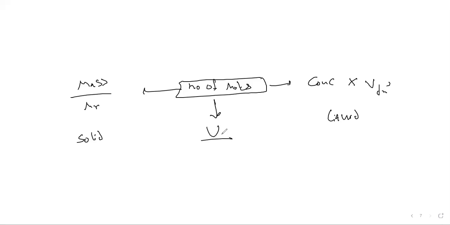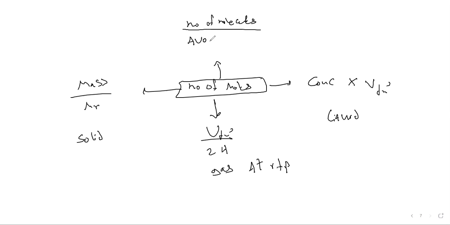Volume in decimeter cubed over 24 for a gas at RTP. Number of particles, molecules, atoms or ions over Avogadro's number, which is equal to 6.02 times 10 power 23. So we have formulas for the number of moles.